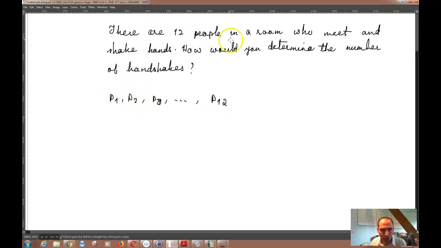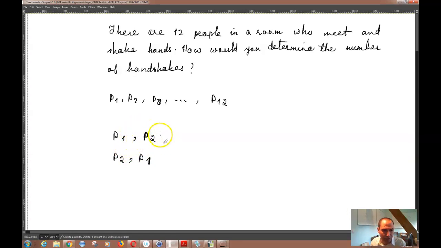Of course, person 1 shakes hands with person 2, right? And also person 2 is shaking hands with person 1.